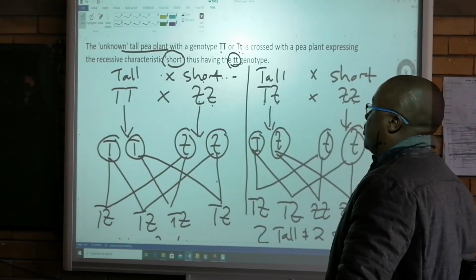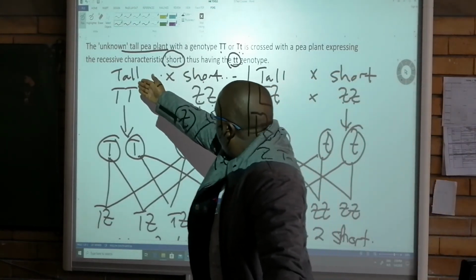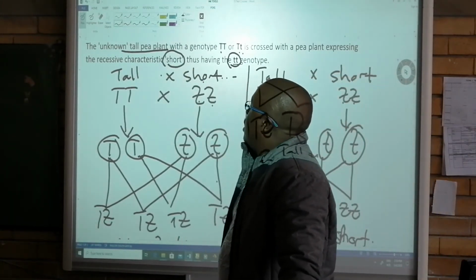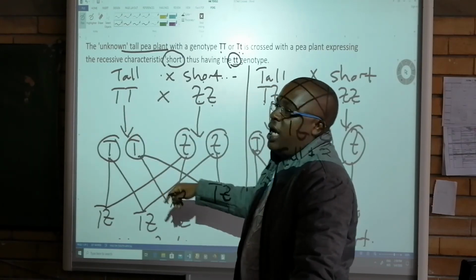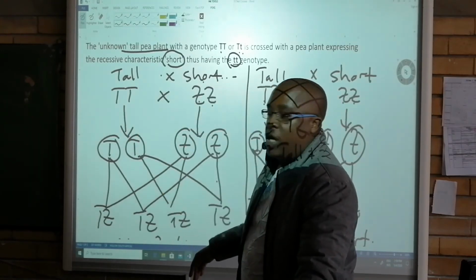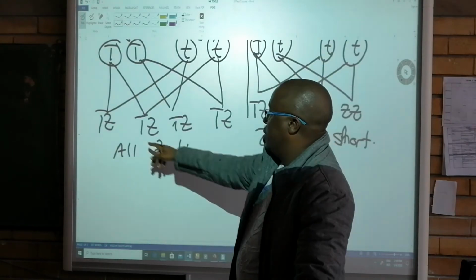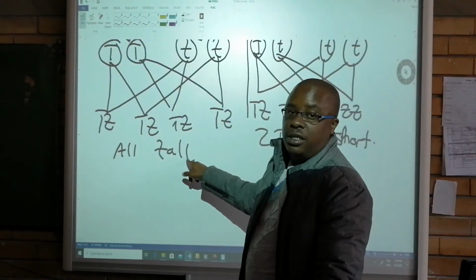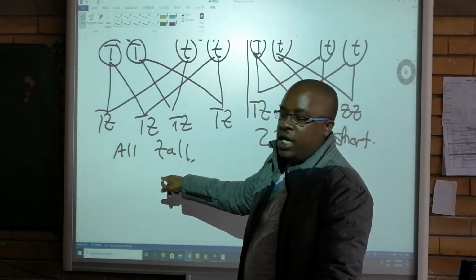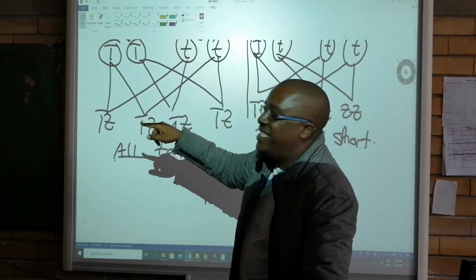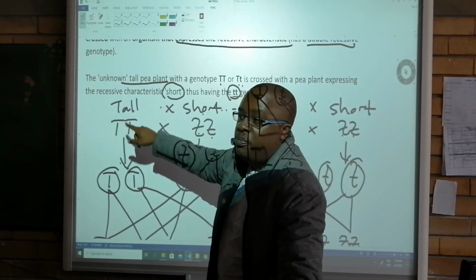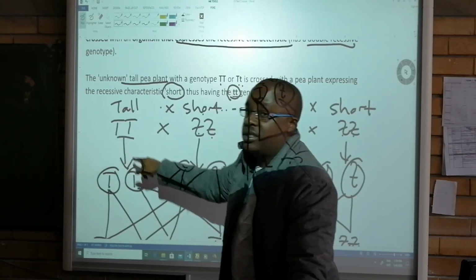Right. In this tall unknown pea plant, if the pea plant was homozygous dominant, and we crossed it with the short pea plant, what did we get? All offspring are tall. If all the offspring are tall, it must mean that the unknown tall pea plant genotype must be homozygous.